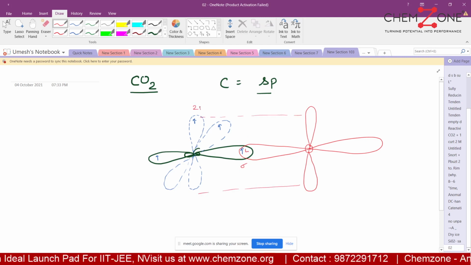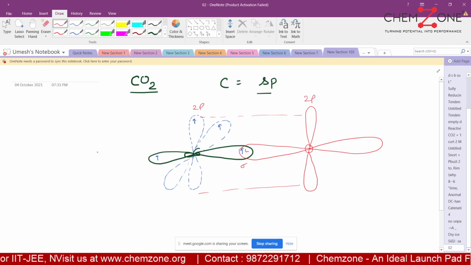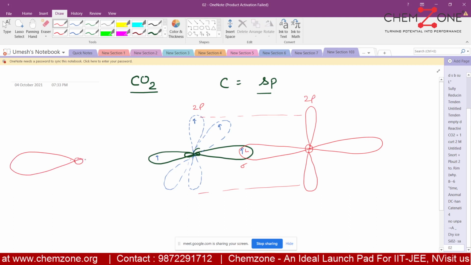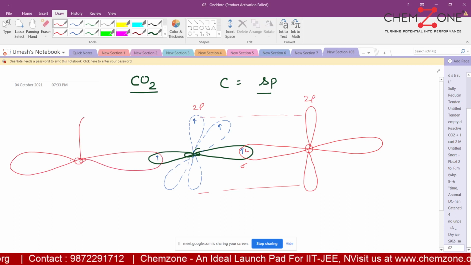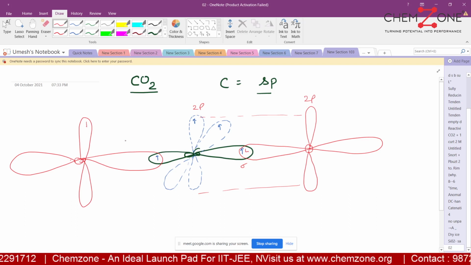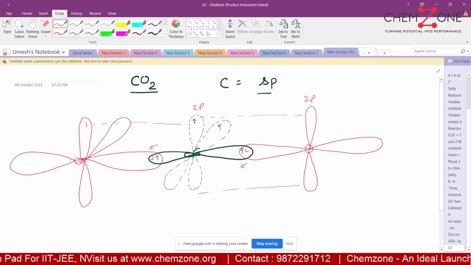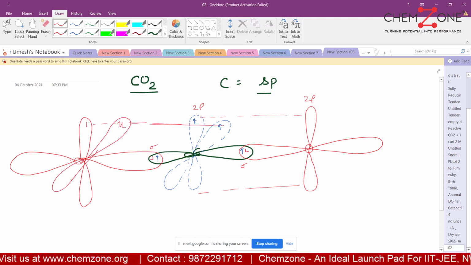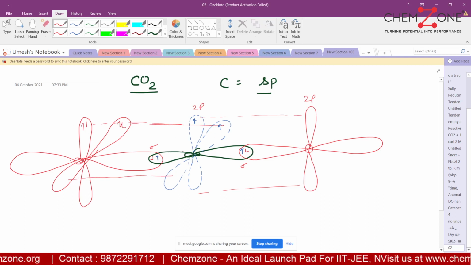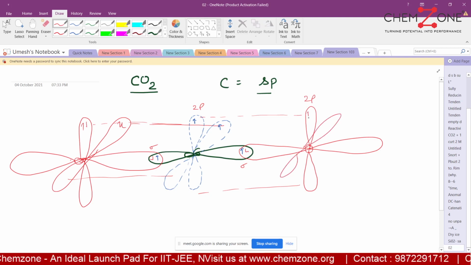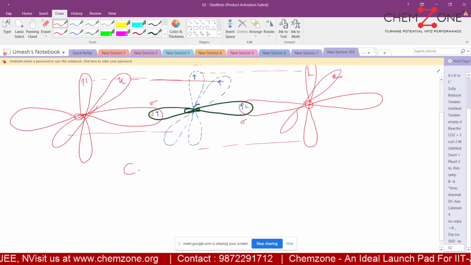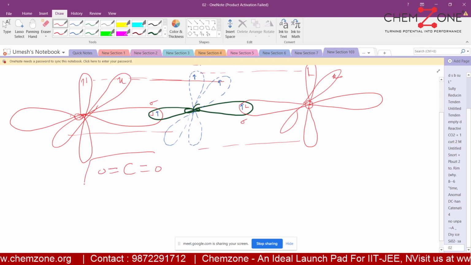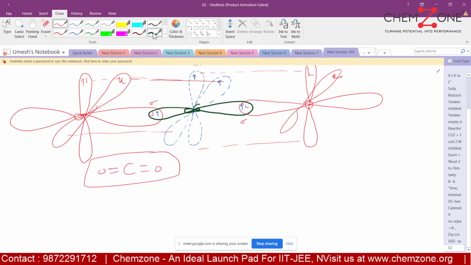Both of these are at the 2p energy level, so they can make effective p-pi bonding. The second oxygen does the same way, forming a sigma bond and a pi bond. Oxygen has lone pairs as well. The carbon making double bonds, the valency of carbon is satisfied, and the valency of oxygen is also satisfied.